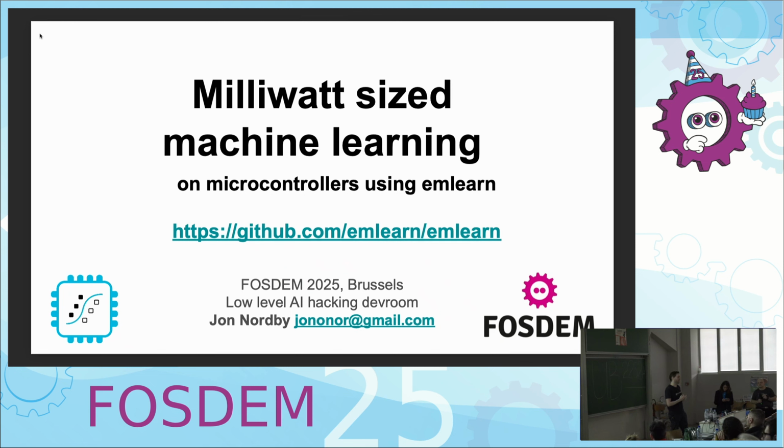So it's getting possible to get 4 to 10x type speedups. And ST just announced a new microcontroller just before Christmas that has a dedicated NPU, they call it, neural processing unit. So definitely this is becoming more and more common.